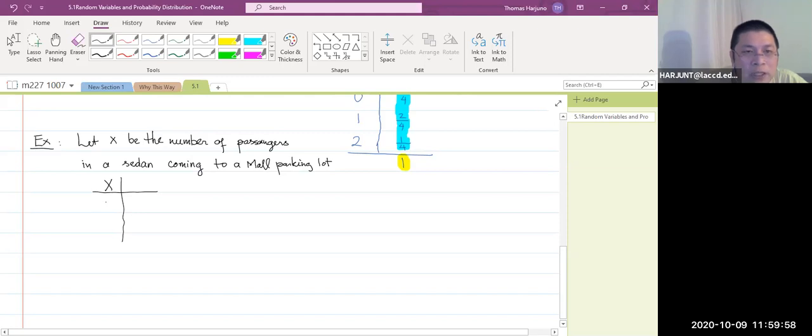I'm talking about passengers. So let's say the probability to have 0 passengers is 60% or 0.6. The probability of having 1 passenger, let's say just a couple, husband and wife maybe, or boyfriend and girlfriend, is 0.3. 2 passengers, let's say 0.07, and 3 passengers, let's say 0.03.